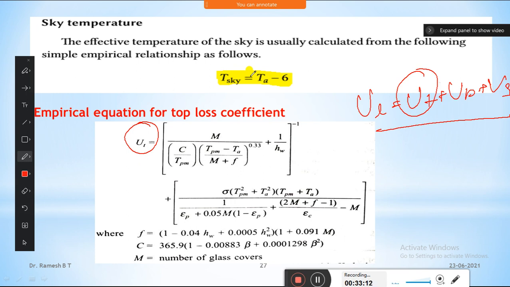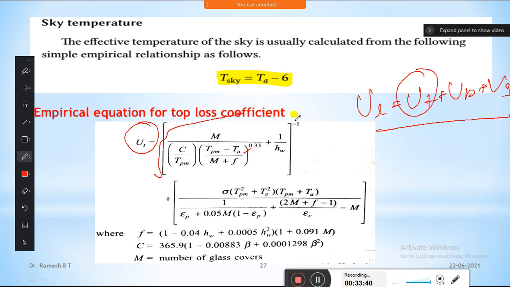UT, the top loss coefficient, is equal to M divided by C divided by TPM into TPM minus TA, divided by M plus F, raised to 0.33, plus 1 divided by HW. That is the root.